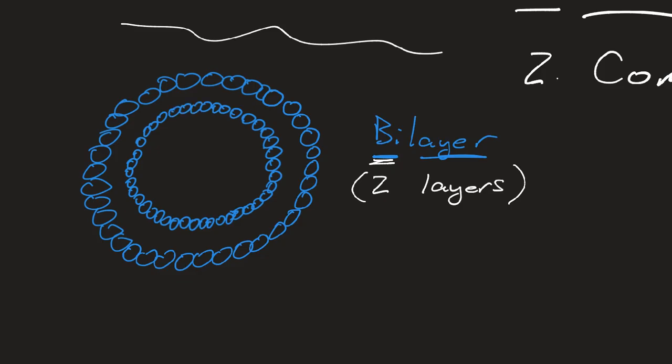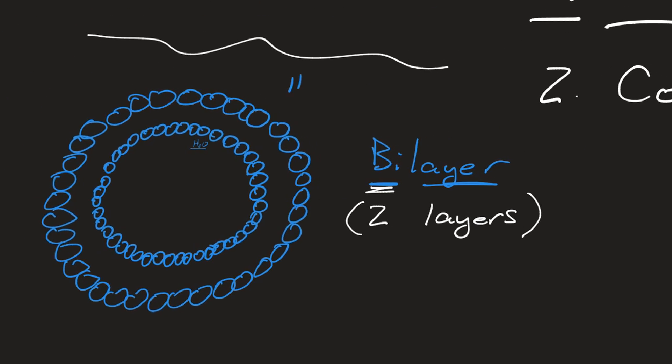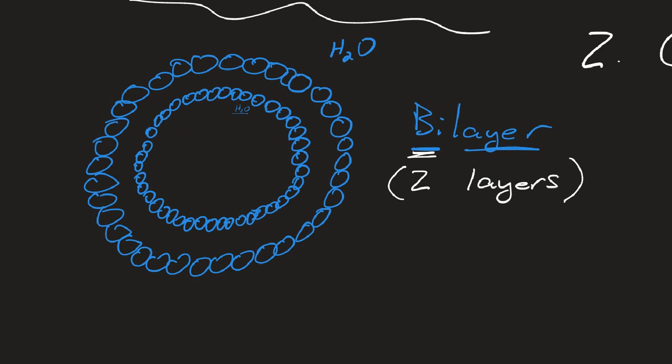Then in the center, the inside, you have water. Outside, that's H2O. Let me make that a little smaller by zooming in. H2O. There's water inside, and there's water outside. So that's where the blue phosphate heads are pointing towards the water, because they love water.